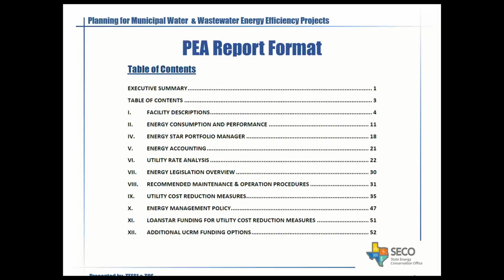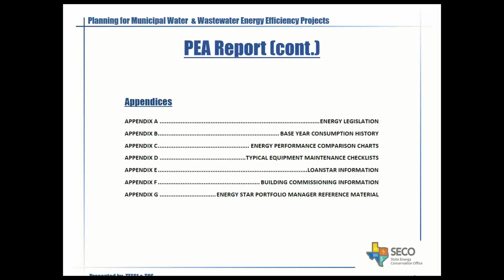So this will be a report format that you will see after you have requested it and analysis has been done. And then we deliver this report that will have those contents. And the appendices of this report, you will have all the backup information, especially the utility consumption history, the energy performance comparison chart.